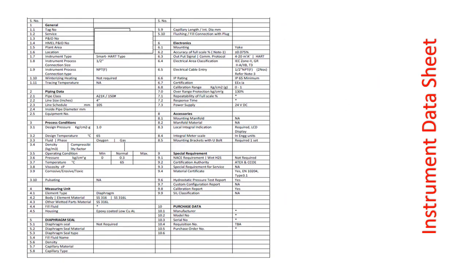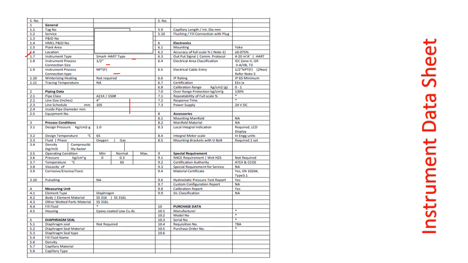Now this is a simple datasheet of a pressure measuring instrument, and you can see there are various components that are highlighted. What is the instrument type? Is this smart or hard type? What is the process connection? What is the process connection type?